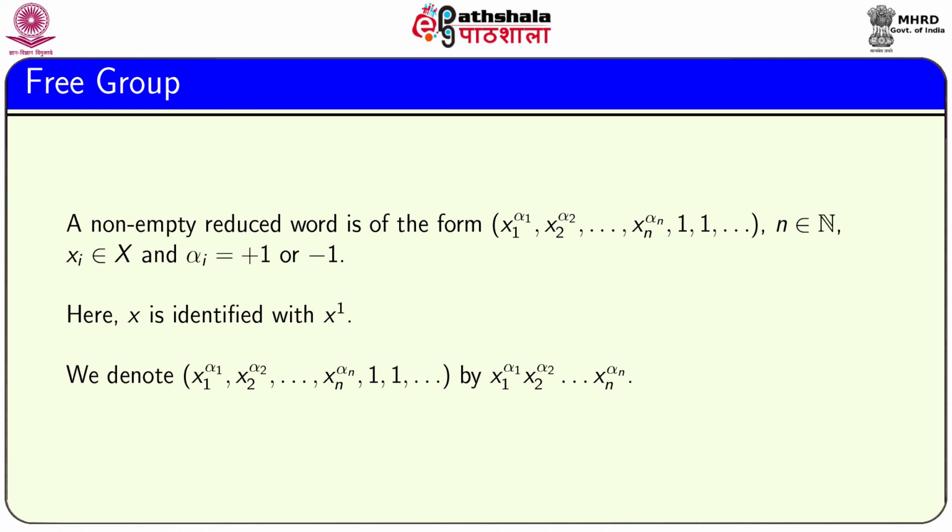Here the point x is identified with x to the power 1, and we denote this sequence as x1 to the power alpha 1, x2 to the power alpha 2, etc. up to xn to the power alpha n.